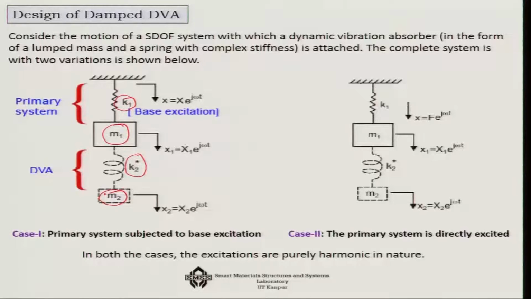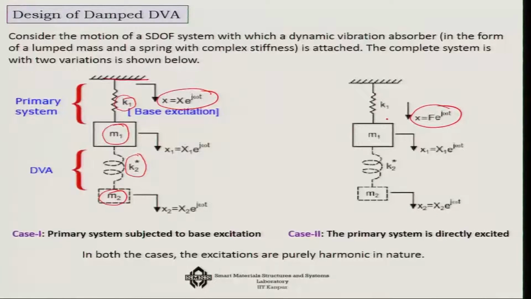Such a system is useful for two different types of problems. One is the base excitation problem, where the support is getting a harmonic excitation, and another is the force excitation problem, where the primary is subjected to a force excitation.